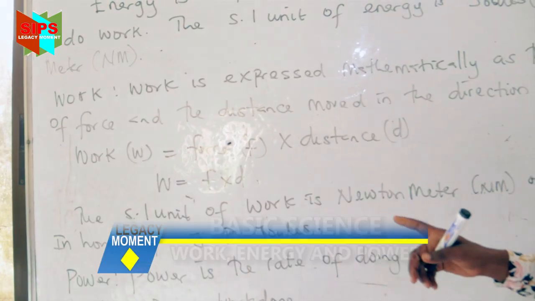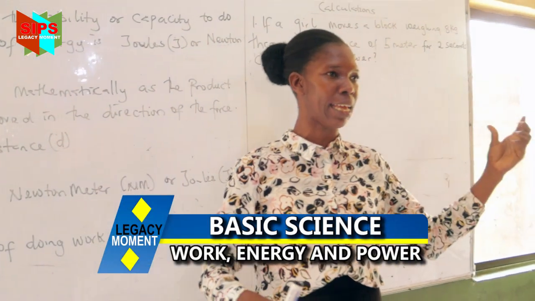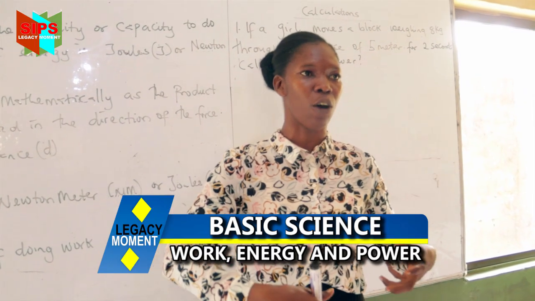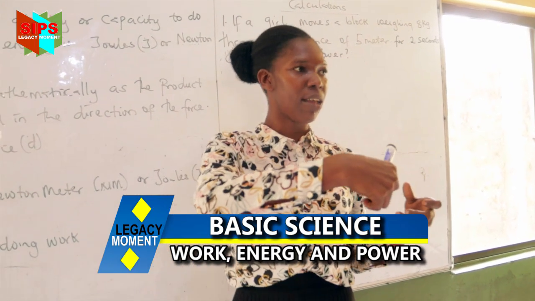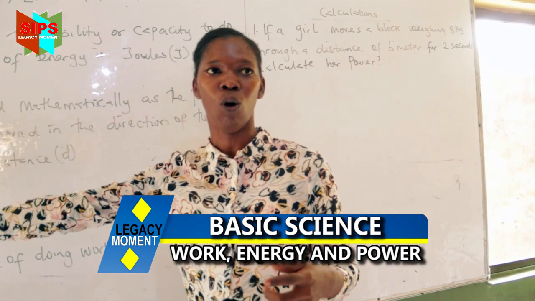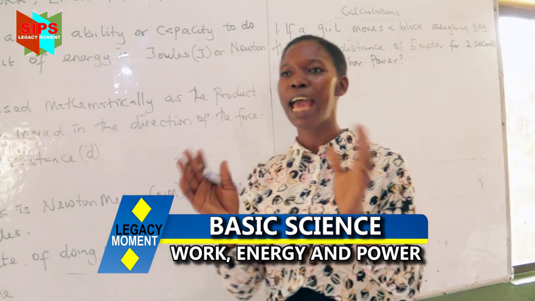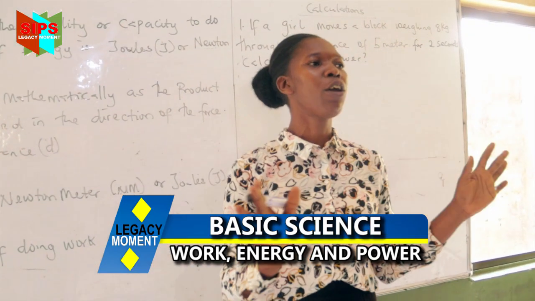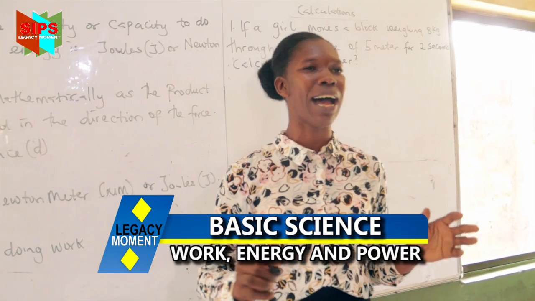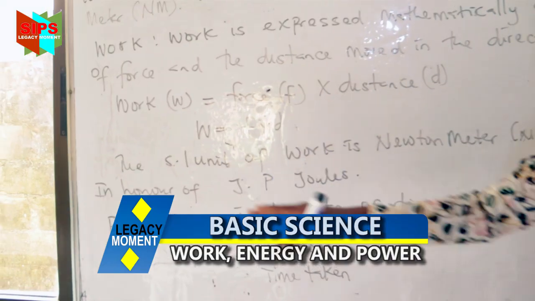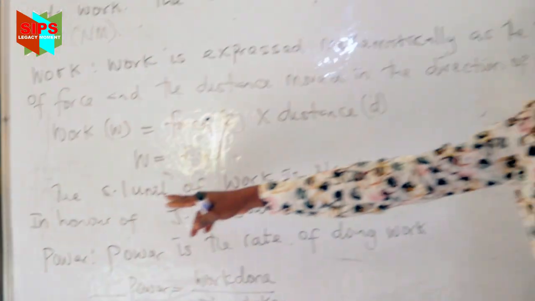So if you pick that bucket of water and you take it from the backyard to the kitchen, you've applied energy or force in moving that bucket, and you've covered a certain distance, meaning you have done work. Now, every quantity that is measured in physics or in science has what we call an international standard unit, or the SI unit.